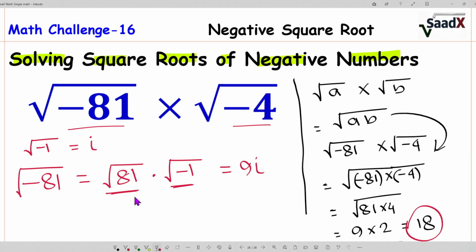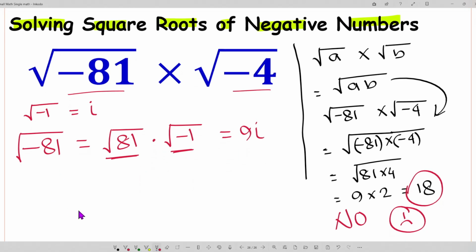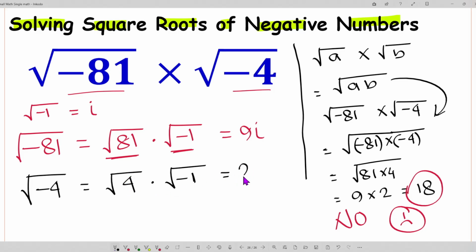Similarly, root minus 4 we can write as root 4 times root minus 1, root 4 means 2 and root minus 1 means the imaginary number i.